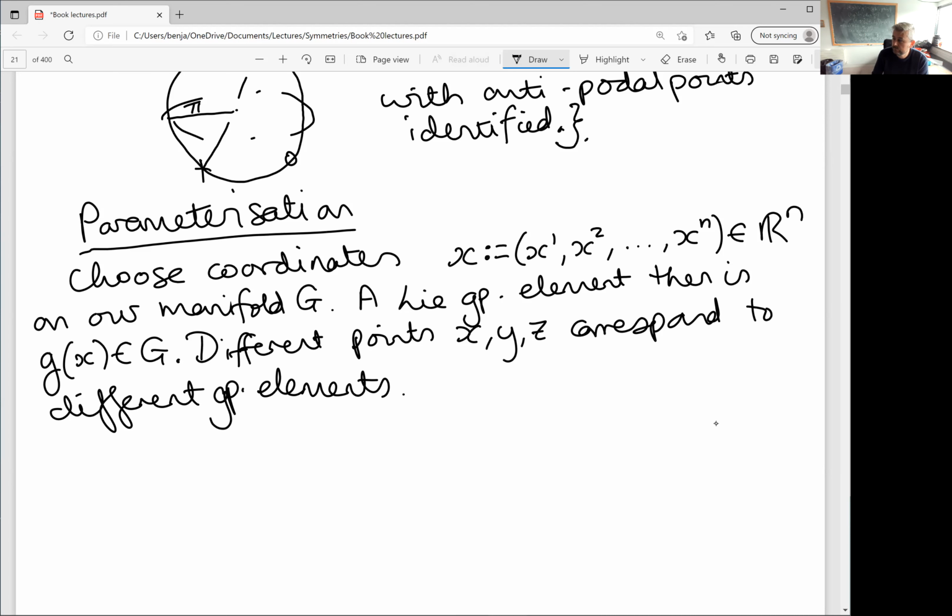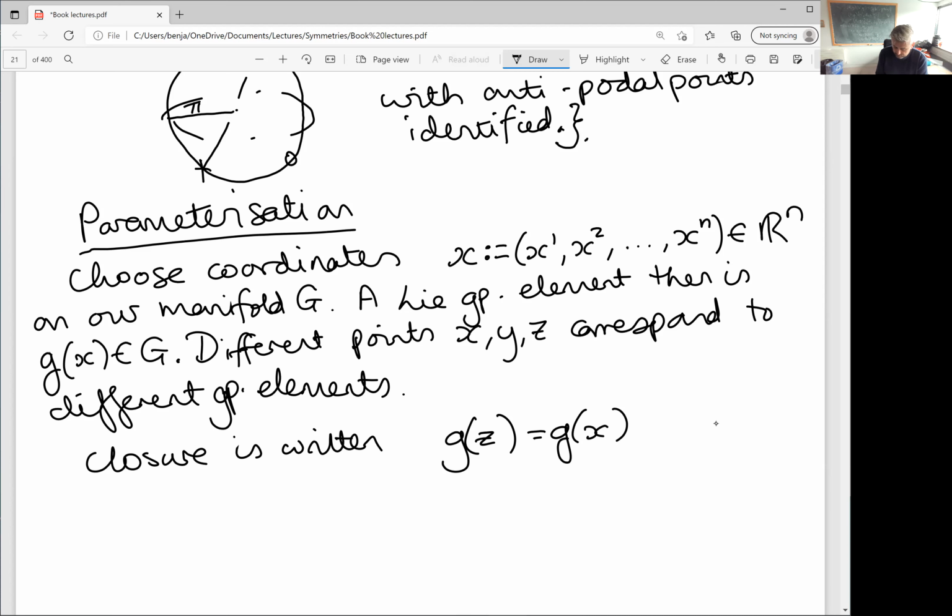So the group must close under group composition. Closure of the group is written as: the group element corresponding to z must be equal to g(x) g(y), where all of these are different points on the manifold. And the individual components of the coordinate z must be smooth functions of x and y.